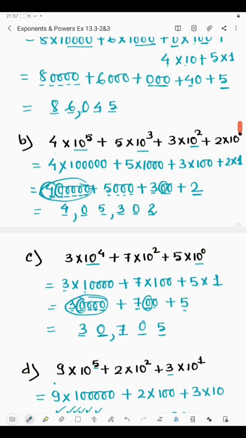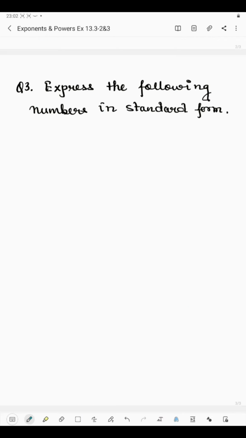Now coming to the next question. Question number 3 says express the following numbers in standard form. We have some numbers, we will have to express those numbers in standard form. But before we start, let me explain what is standard form and why we need to write in standard form.